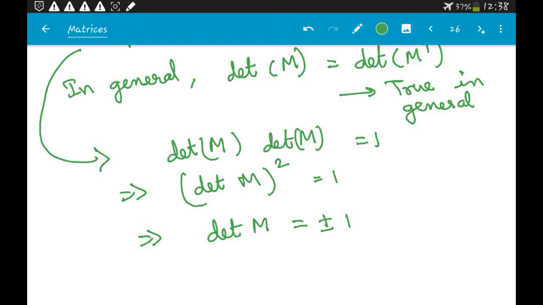Or you can do it the other way: you calculate its determinant, and you see that the determinant is either plus 1 or minus 1. Then also you know that this is an orthogonal matrix. So M is an orthogonal matrix in this case.